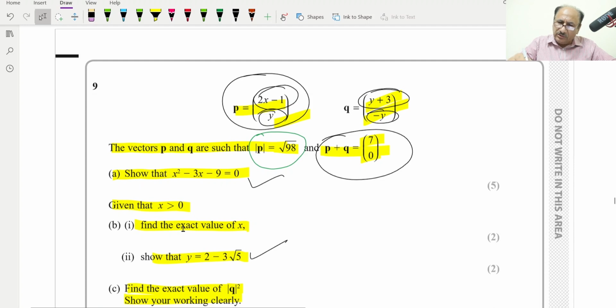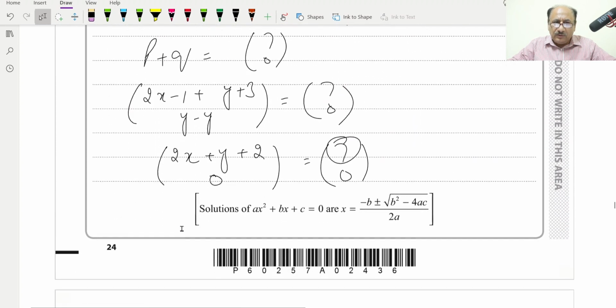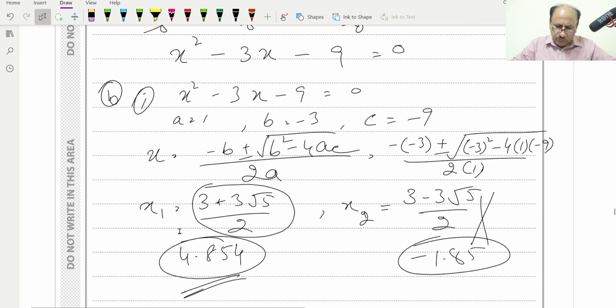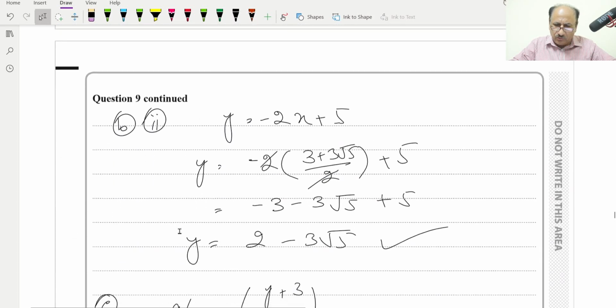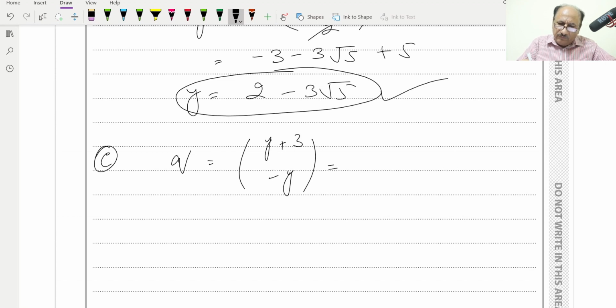This is our q value, which I have written. Now we can write the value of y in this, using the y value we just found, 2 minus 3 under root 5, and we will get 2 minus 3 under root 5 plus 3, minus 2 minus 3 under root 5.